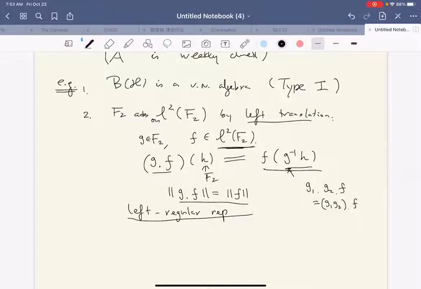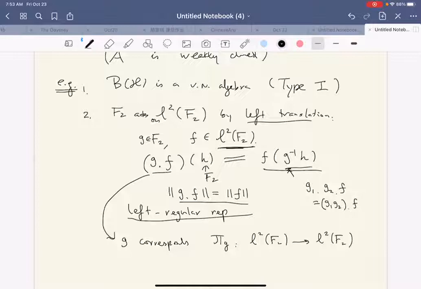G acting on F, by abusing notation, is represented by pi of G, a unitary operator from little L2 of F2 to little L2 of F2. Maybe instead of pi of G, I will write U of G. U stands for unitary.